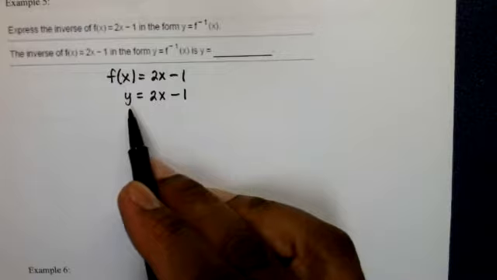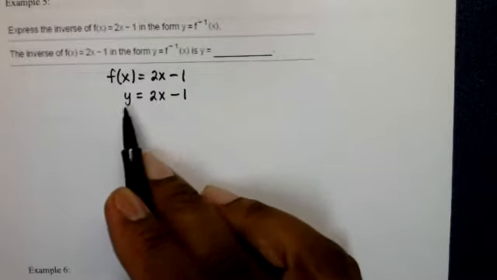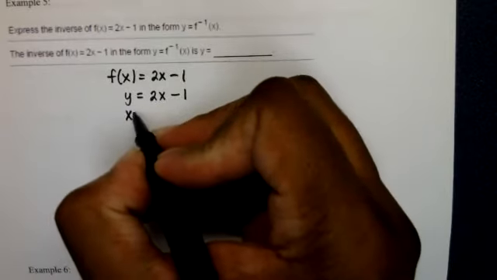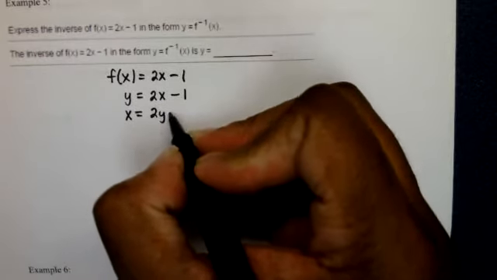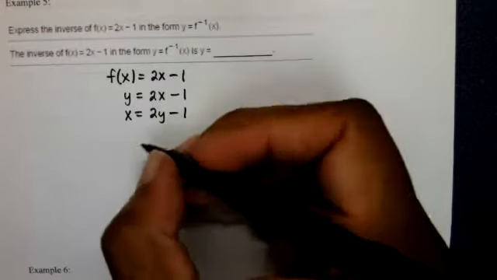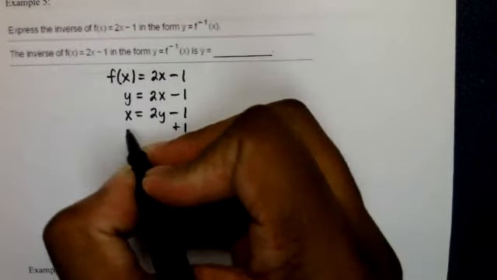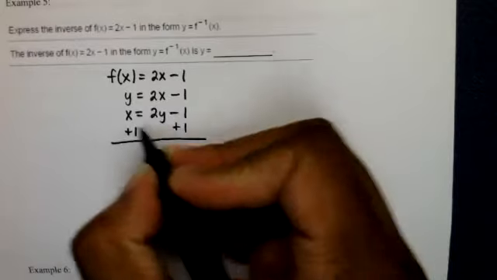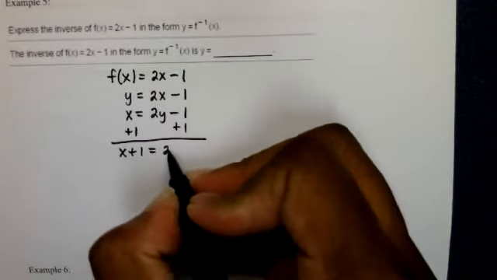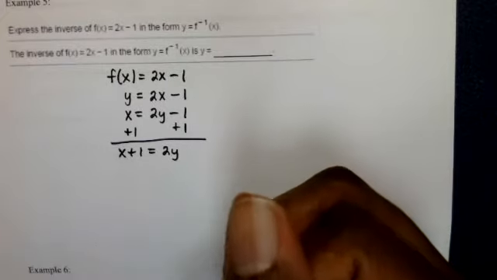Okay. And then interchange x and y. So the y will become x and the x becomes y. So x is equal to 2y minus 1. And then we solve this equation for y. We add 1 to both sides, so there'll be x plus 1 on this side equals 2y.